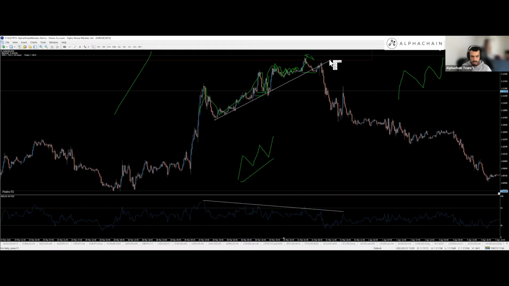I don't know if this could be the best way to draw it, or maybe like this. And then as soon as we have the break of the trend line, maybe that could be the trigger to look for the sell.